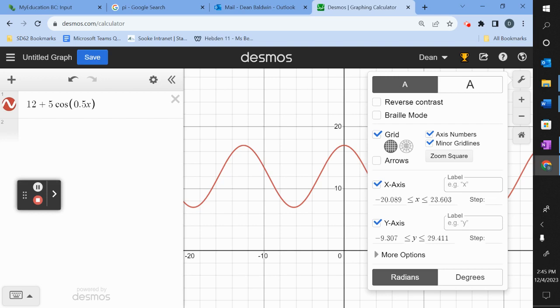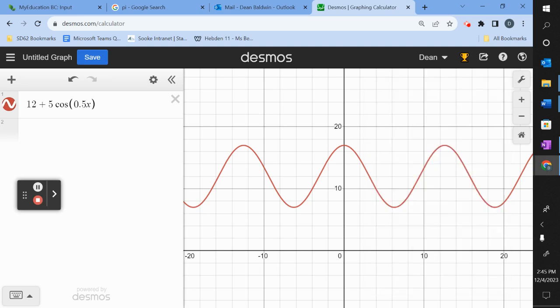You click that, you'll get x-axis, y-axis, and you can change the scale to whatever you want. Don't write T. That doesn't exist. T makes it weird. And then zoom out.